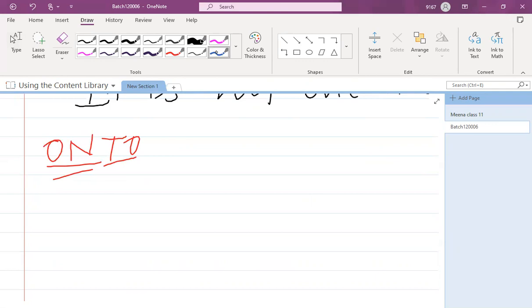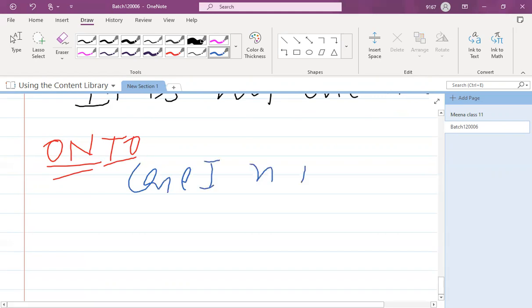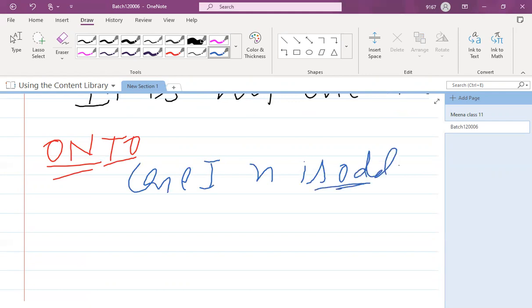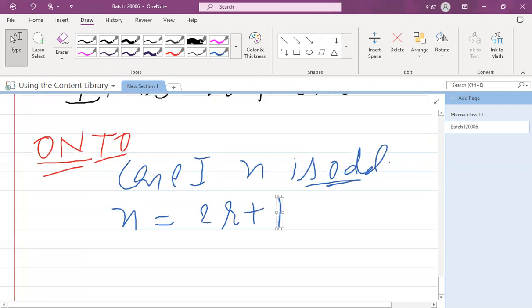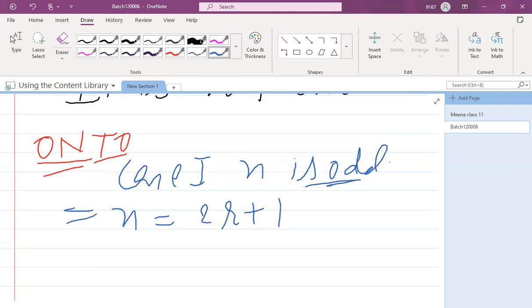Again we take case 1, n is odd, and any odd number is of the form n equals 2r plus 1. It is of the form 2r plus 1, where r belongs to natural numbers.